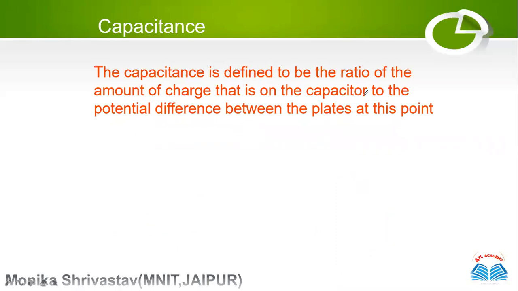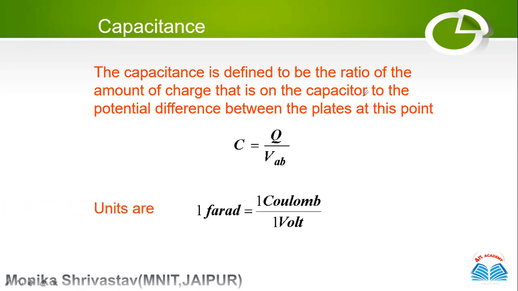So what is capacitance? When we talk about a capacitor, we also talk about capacitance. Capacitance is defined as the ratio of the amount of charge on the capacitor to the potential difference, so C equals Q over V. V is the potential difference, Q is the charge, and the unit of capacitance is the farad. So 1 farad equals 1 coulomb per 1 volt. But why do we use farad and not just coulomb per volt?